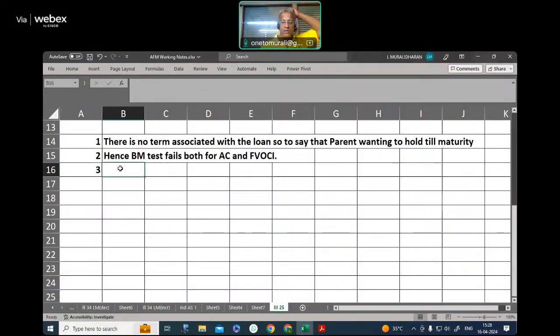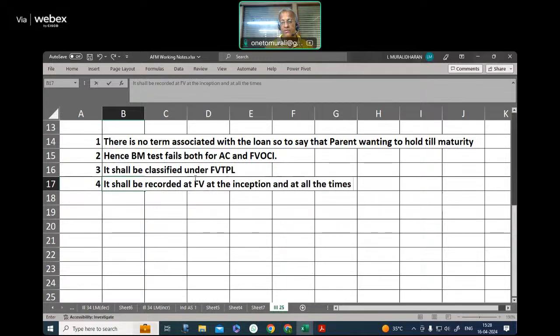Hence, the business model test fails both for amortized cost and fair value through other comprehensive income.